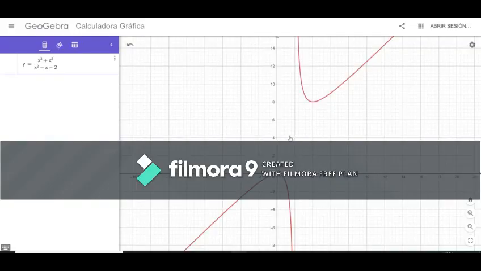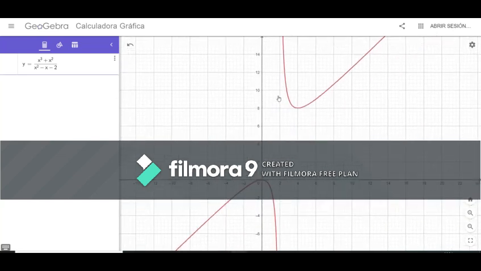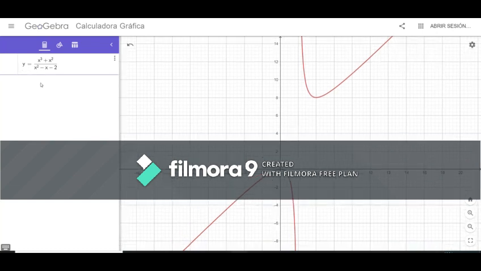So here we have the same graphic and same equation, but this time using graphing software. And well, here is the equation, and you can see here is the vertical asymptote. Well, it will be right here, but you can't see it because this program doesn't show it.